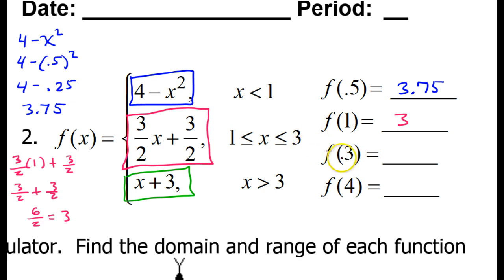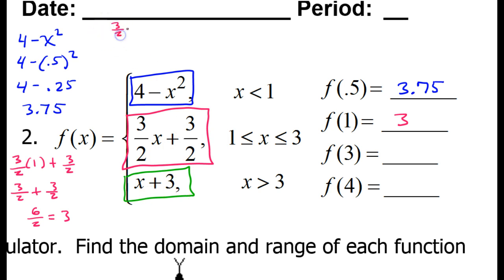Okay, what about the number 3, an x value of 3? Again, if x is less than or equal to 3, we use the red function. So this is equal to 3, so we use the red function. I'm going to squeeze it in up here.